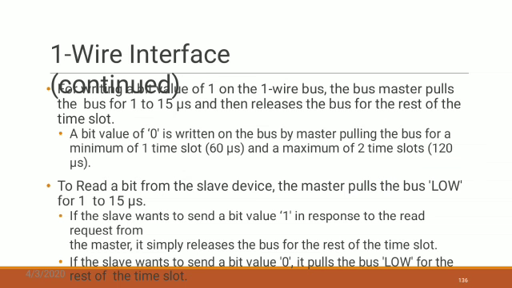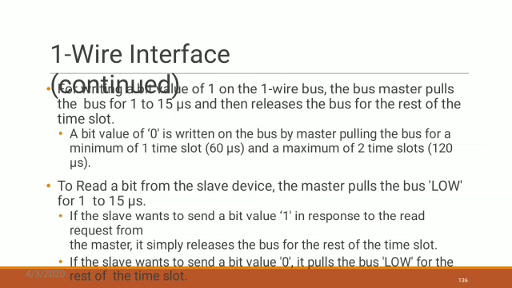A bit value of 0 is written on the bus by the master pulling the bus low for a minimum of 1 time slot. Now to read a bit from the slave device, the master pulls the bus low for 1 to 15 microseconds. If the slave wants to send a bit value 1 in response to the read request from the master, it simply releases the bus for the rest of the time slot.